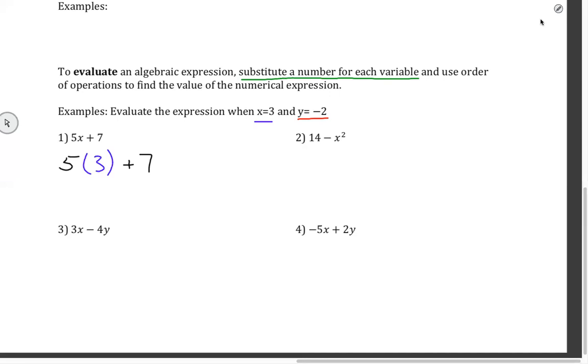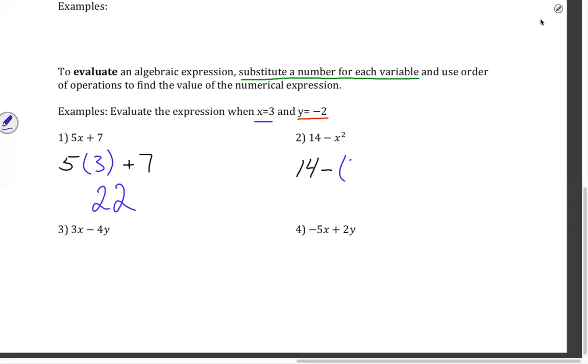What was it? 22, perfect. So my answer is 22. Over here, I have 14 minus, now I have x.